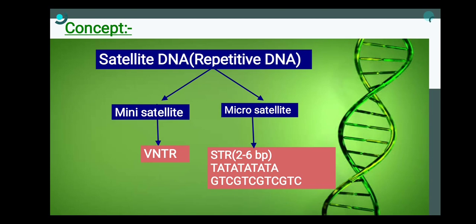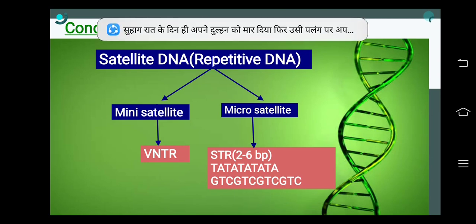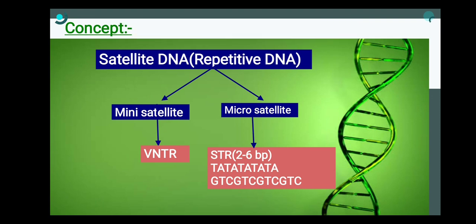The mini satellite is a sequence in which 20 to 100 base pairs can be present, whereas in microsatellite only 6 to 10 base pairs are present. The most common example of mini satellite is VNTR, variable number tandem repeat, which is of 20 to 100 base pairs.